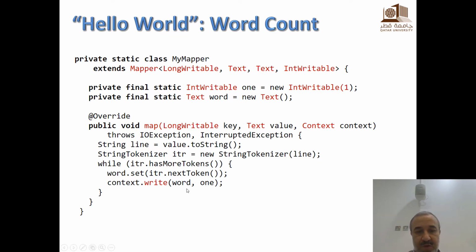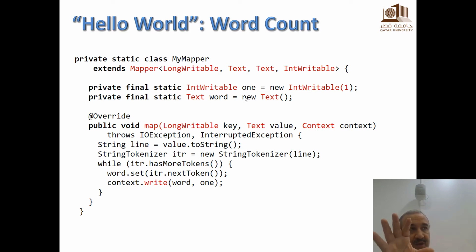If you look at what this word is and what that 1 is, you will see that they are static within the class. We will say later, I think, that this is important to understand. You should try to avoid creation of objects as much as you can, which means that you need to reuse objects as much as you can, because creation of objects takes a lot of time and memory.